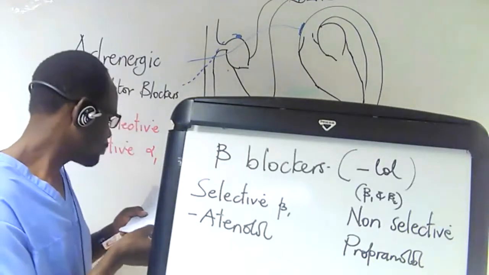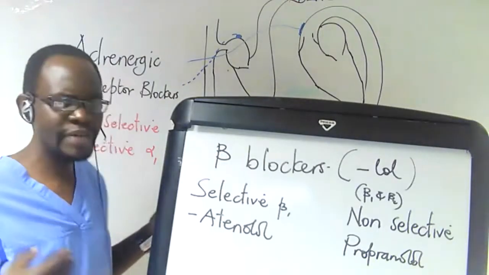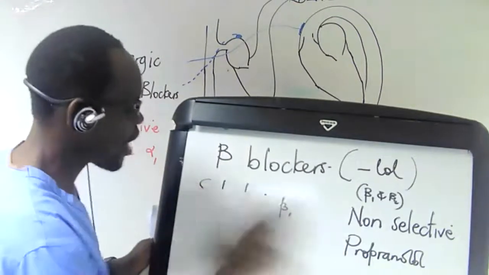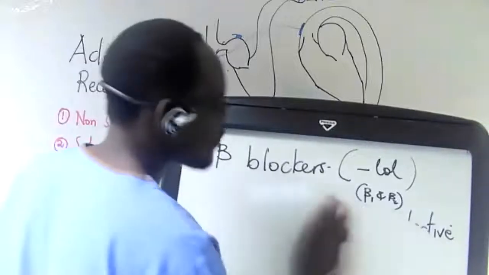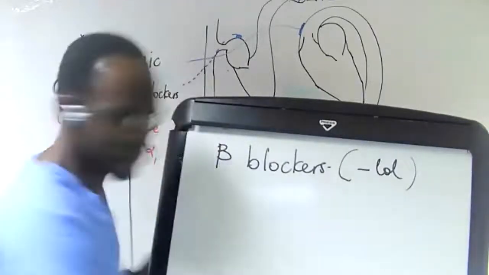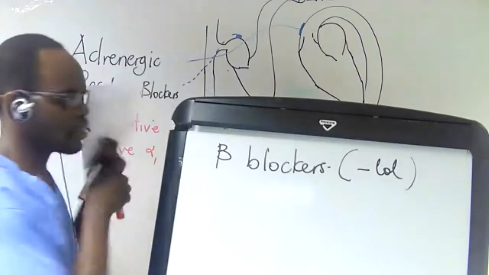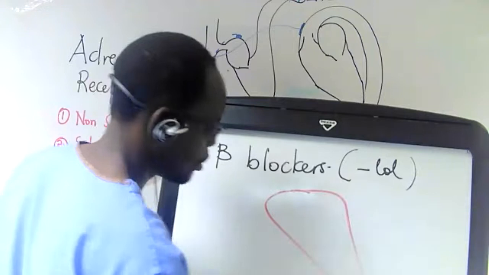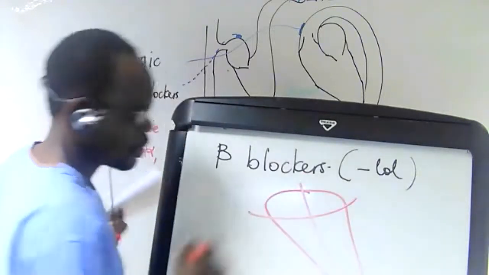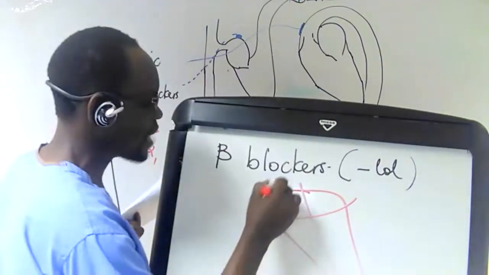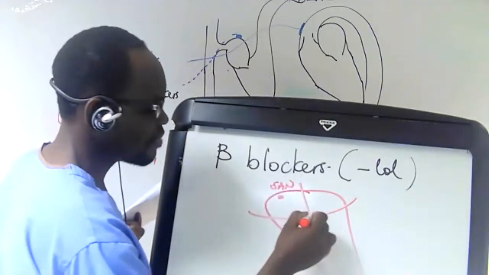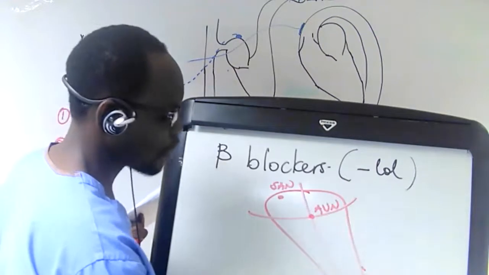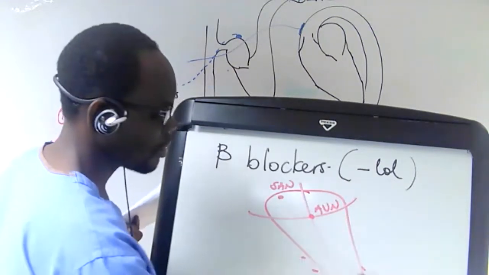And then, beta 1 receptors are present within the heart. So if this is our heart, you have beta 1 receptors at the SAN, you have beta receptors at the AVN, and then throughout the myocardium.